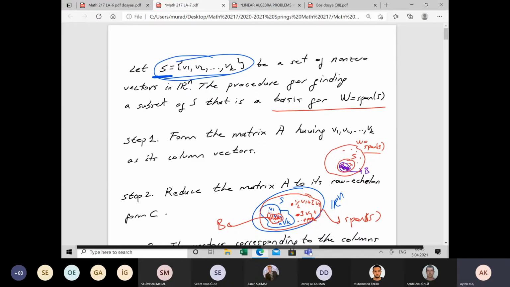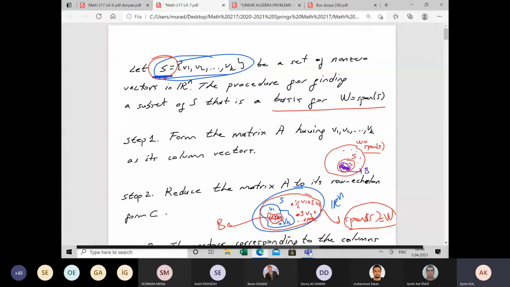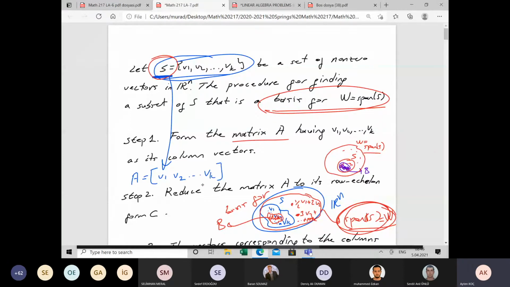Step 1. Our aim is to find the basis B for span S. So first, construct the matrix A. Write all vectors in S: the first column is the first vector V1, the second column is the second vector, up to VK.